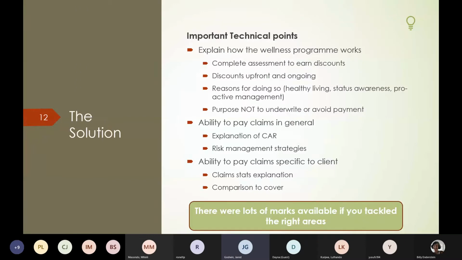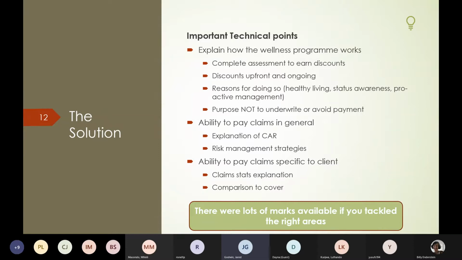So what are some of the important technical points that I drew? I'm sure we said at the beginning that I'm a technical marker, so I'm looking from a technical point of view. I'm not marking yours from the communication aspect. Your papers are always marked by a technical marker who's an actuary, and then you get marked by a communications expert, and those two are then joined to see if you pass or not, and it's very objective.